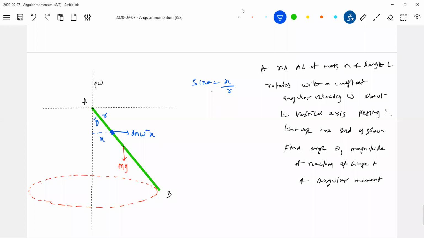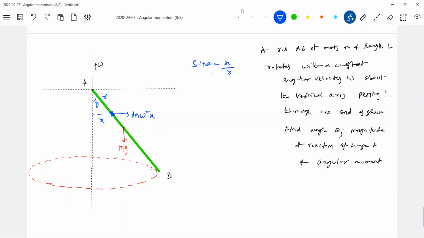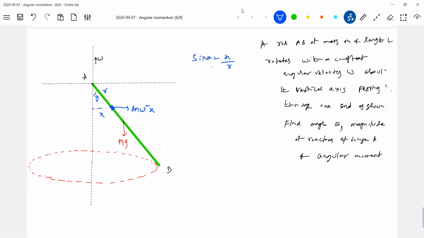Let me go for the torque about point A. The torque due to weight should be balanced by the torque due to centrifugal force about point A. For equilibrium, net torque about point A should be 0. Torque due to weight: how much should it be? mg L by 2 sin theta.